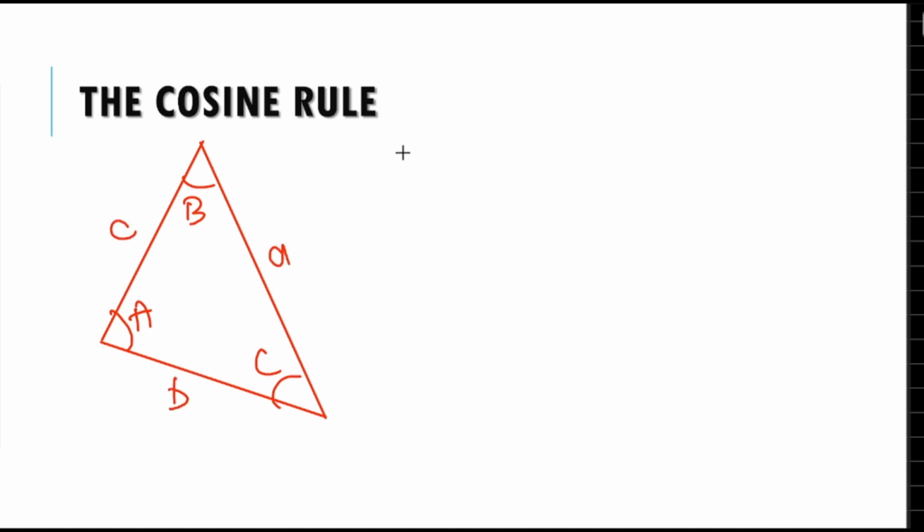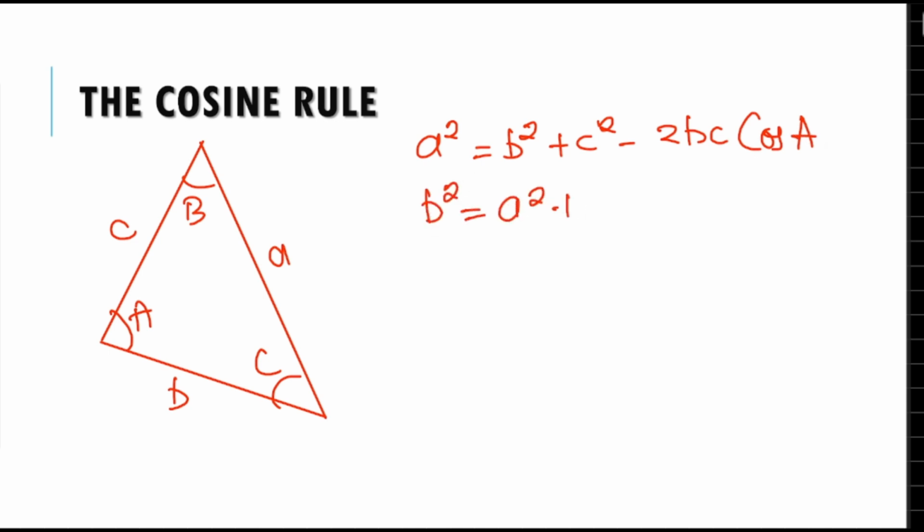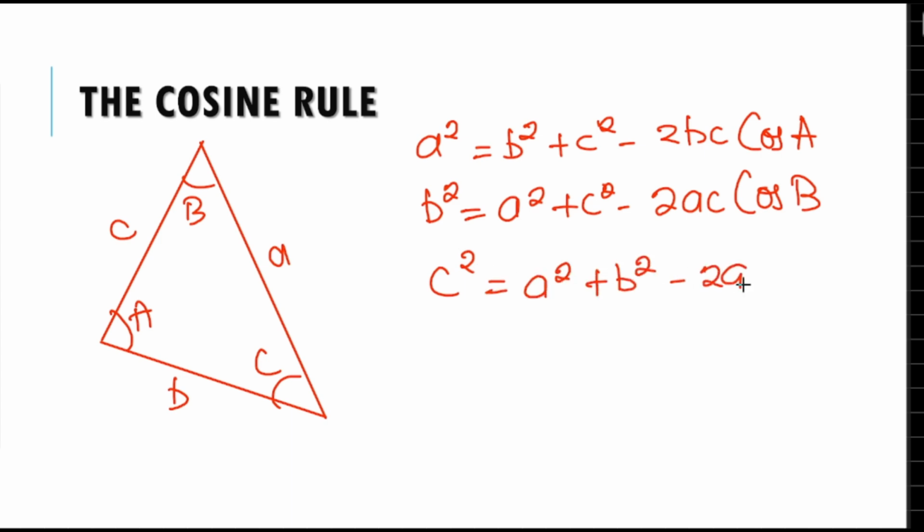This cosine rule states that a square equals b square plus c square minus 2bc cos A. And we have b square equals a square plus c square minus 2ac cos B. And then c square equals a square plus b square minus 2ab cos C. So these are the cosine rules.